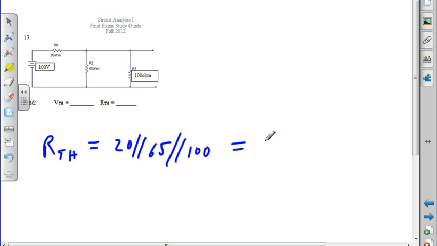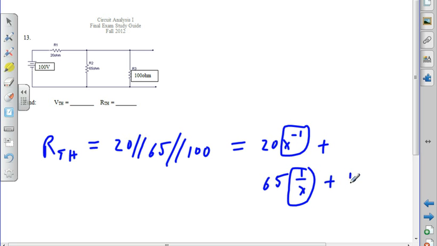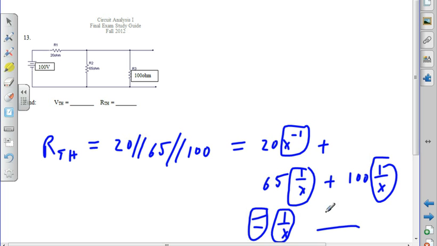So I'm going to go 20, 1 over x, plus 65, 1 over x, plus 100, 1 over x, equals 1 over x. And I'm going to write down the answer, and that's going to be my resistance Thevenin, and it better be smaller than the smallest one.